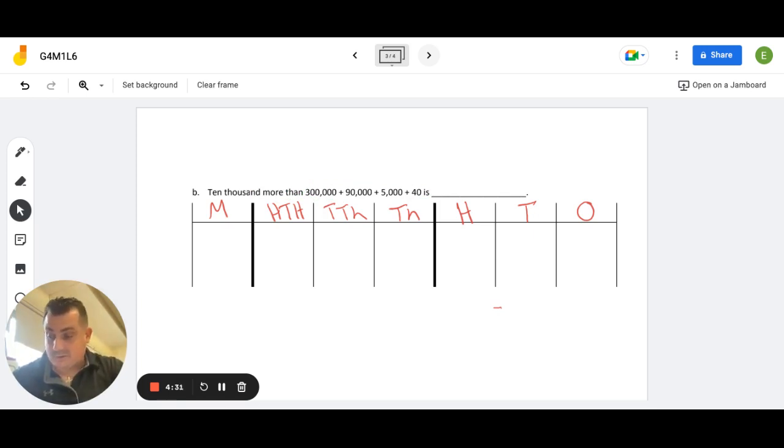Here I'm going to start with, I see my 300,000 and I know this is my 300,000. Now I could do it this way. 300,000s plus 90,000. So that's in my 10,000s. 90,000. 5,000, I'm sorry. 40, no hundreds.